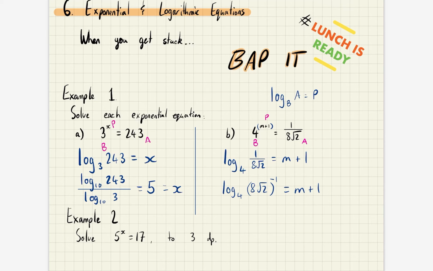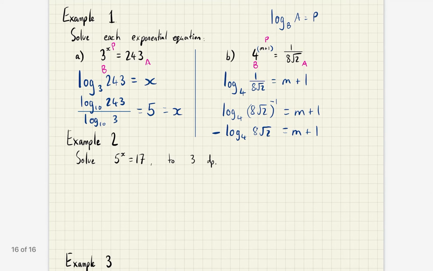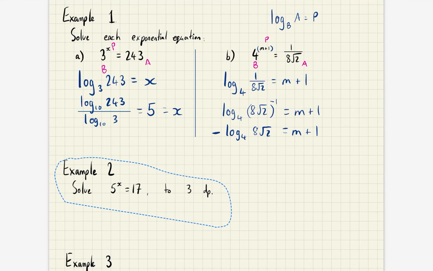Our next step is to bring that negative 1 to the front. So I'll have negative log base 4 of 8 root 2 is equal to m plus 1.